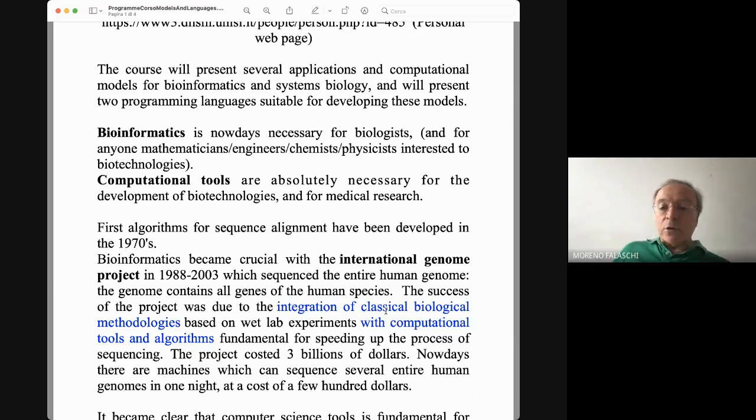So the project costed about $3 billion altogether, while nowadays there are machines which one single machine can sequence several entire human genomes in one night, and at the cost of a few $100s. So the evolution of these machines, algorithms, etc., has been huge.